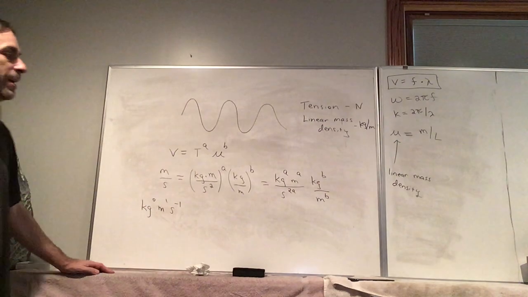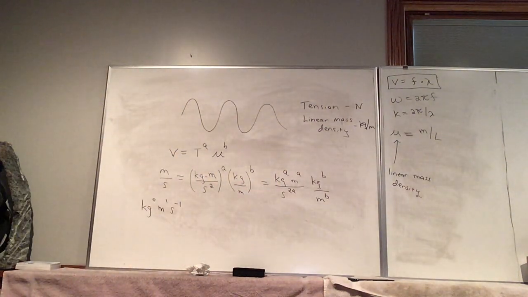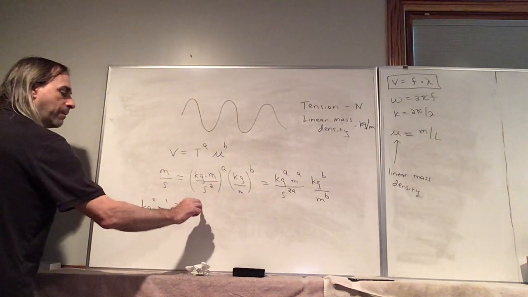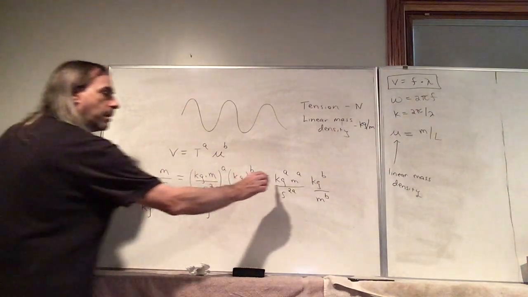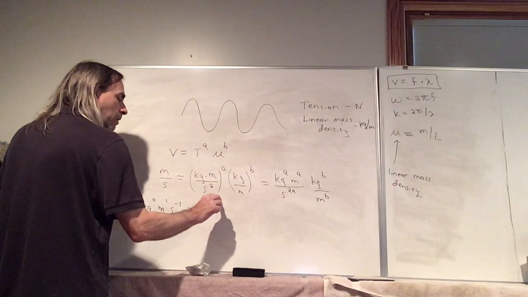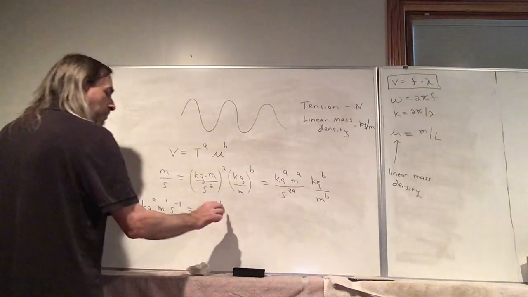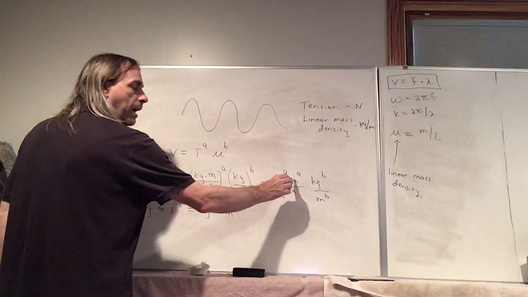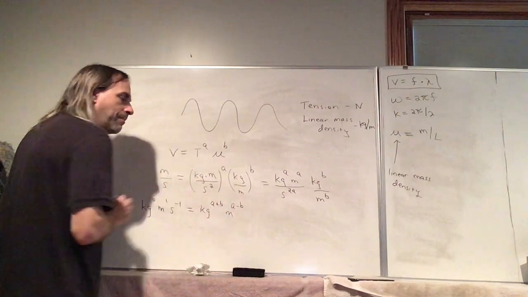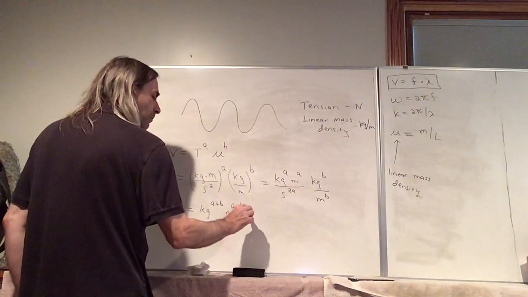So basically these kilograms have to cancel each other out. On the right, we have kilograms to the A times kilograms to the B. That's kilograms to the A plus B. And then for meters, we have meters to the A divided by meters to the B. That's A minus B. And seconds only shows up once.